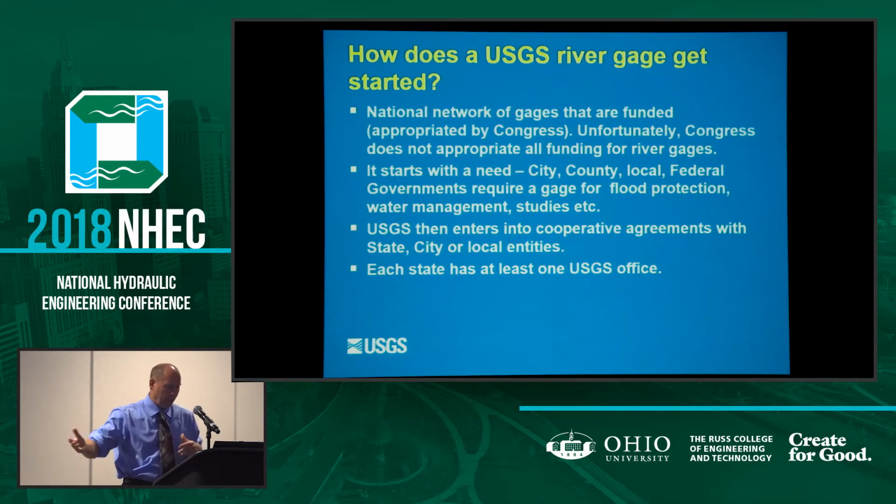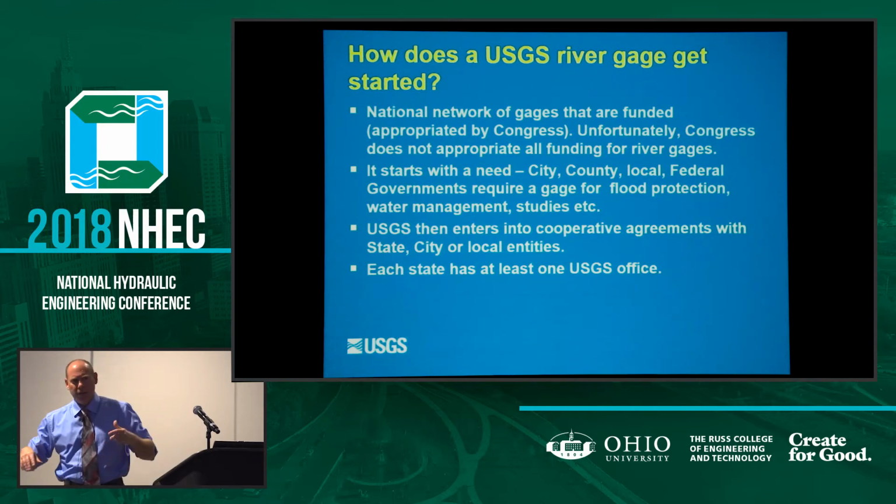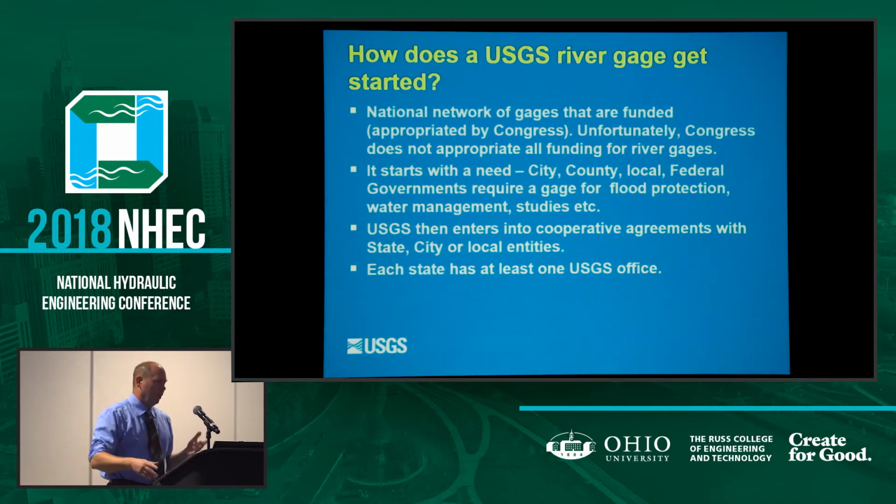And then one question I get is, how does a USGS river gauge get started? There's a backbone of river gauges that we've operated for 100 years that Congress has directly allocated money for, but I don't get funding to put in gauges everywhere. So basically, a local entity, city, local government, whatever, has a need, and we go into a cooperative agreement with that agency or entity.